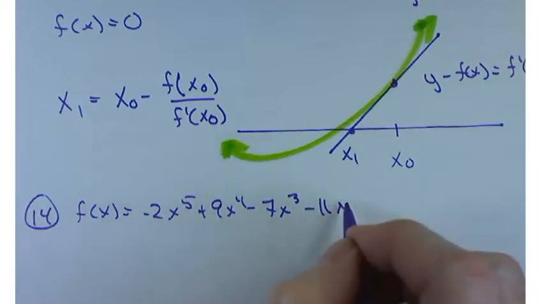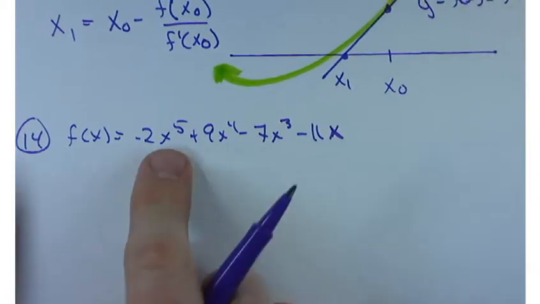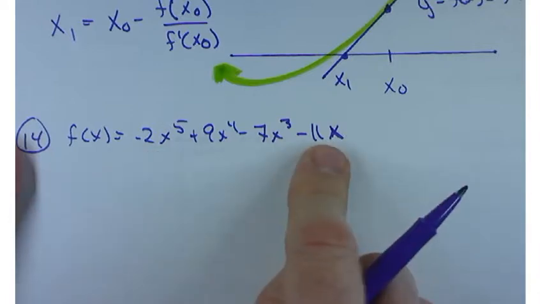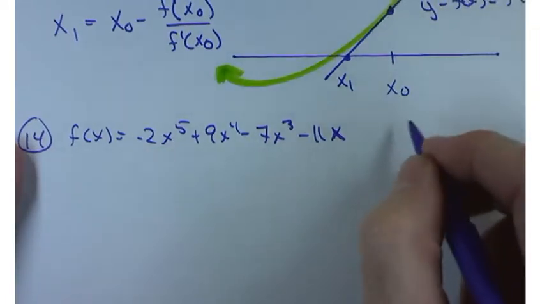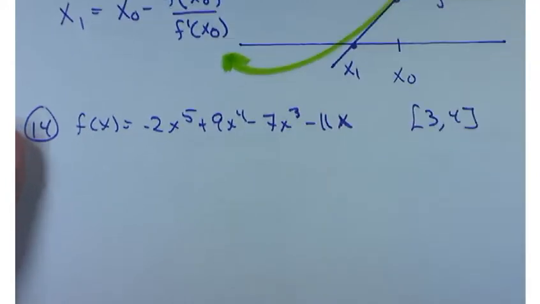And we want to know where this crosses the x-axis. Now, there could be up to 5 solutions to this. One of them would be certainly x equals 0. But the solution we're looking for, this is given by the book, is in the interval 3 to 4.